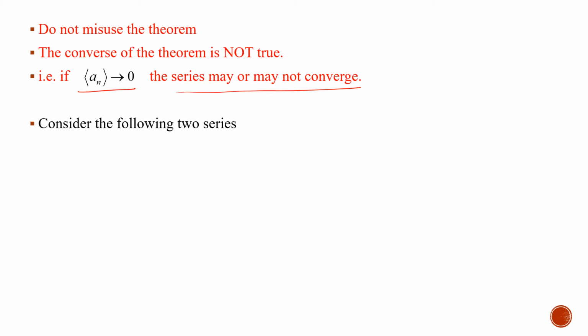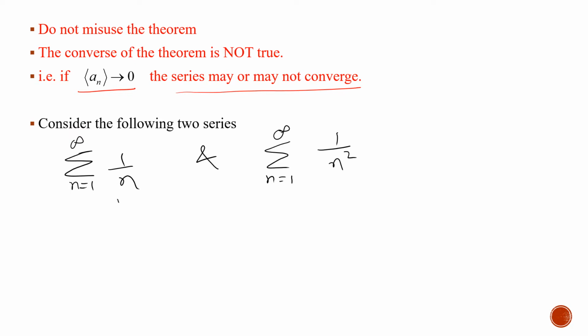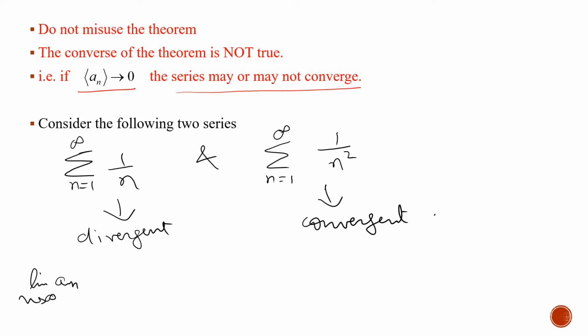For example, consider two series, this and another series is this. Now you will see eventually that this series is divergent. However, this series is convergent. But you will notice that for both, the limit of an as n tends to infinity is 0. Here also the limit of an is going to 0.